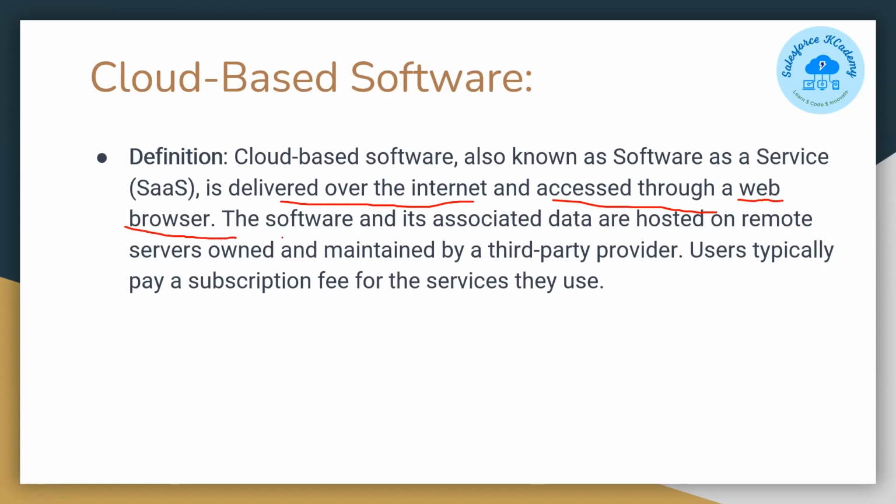The software and its associated data are hosted on remote servers, not on local servers, remote somewhere, and owned and maintained by a third party provider. Like Facebook is a third party. They are responsible for maintaining that software and providing us their URL www.facebook.com so that we can access it using the internet in our web browser.